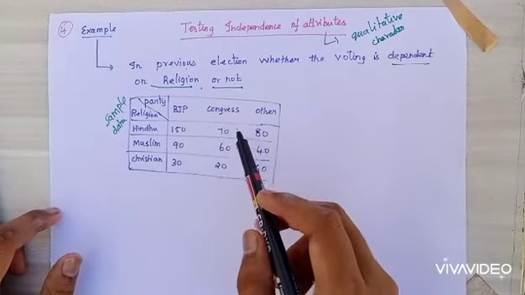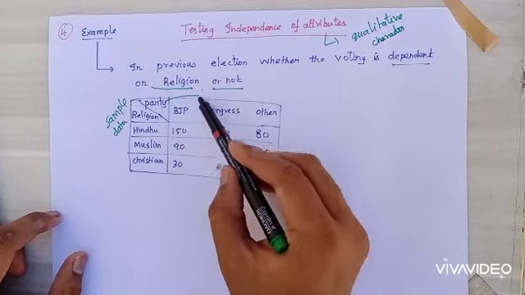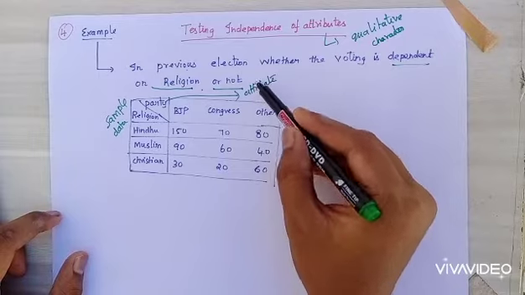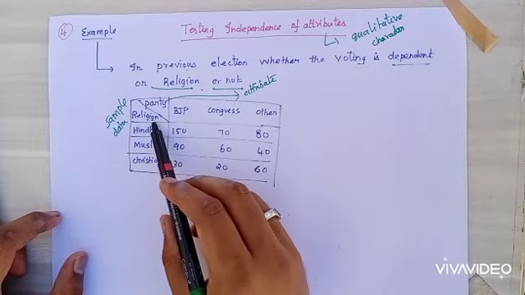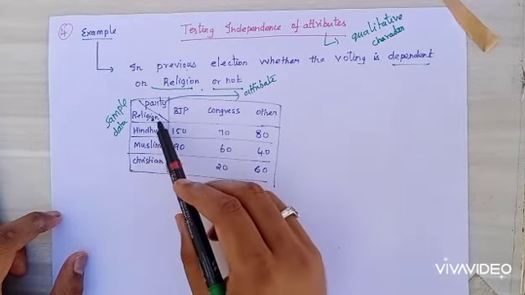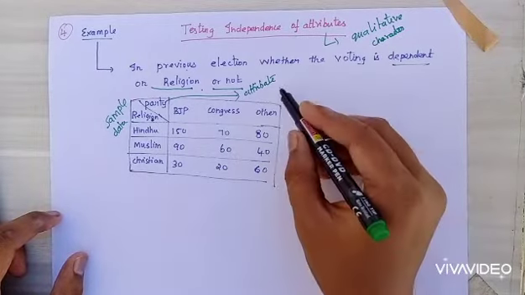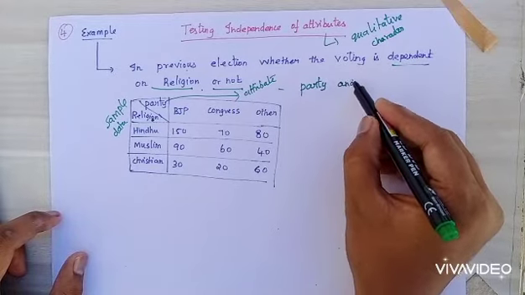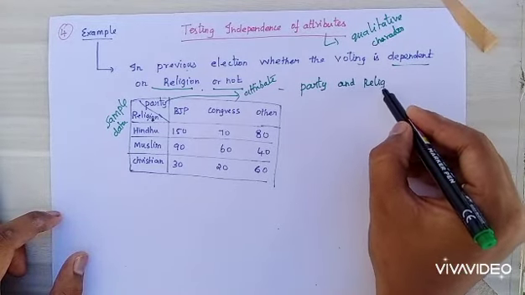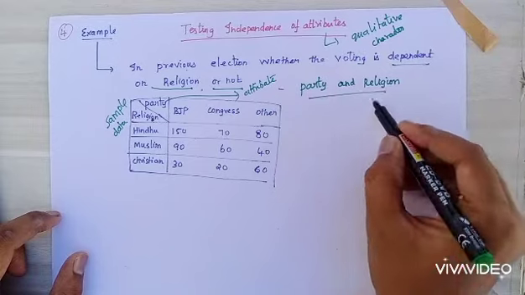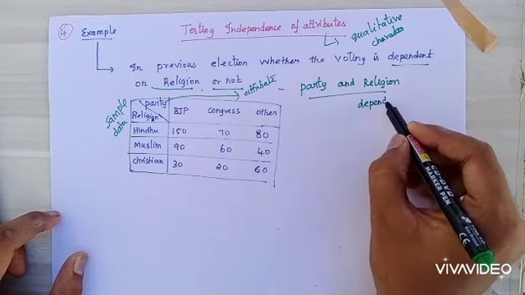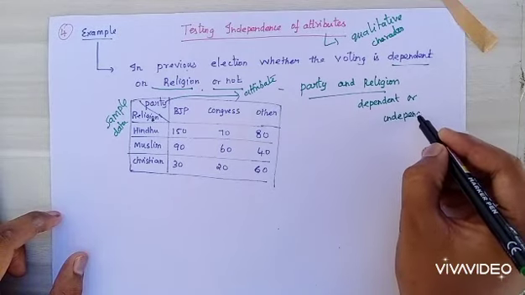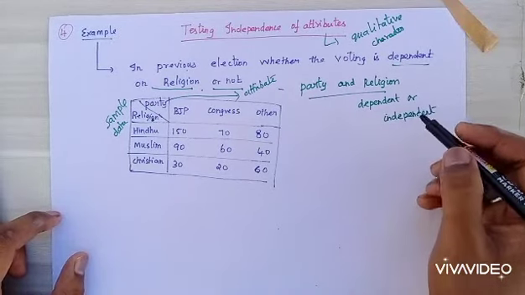Here the party is an attribute, and similarly the religion is also an attribute. Whether these two attributes, one is party and the other is religion, are dependent or independent, that we want to test.